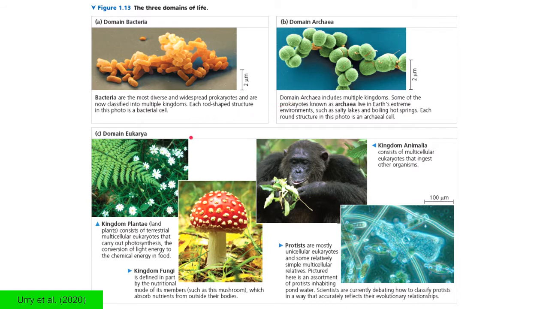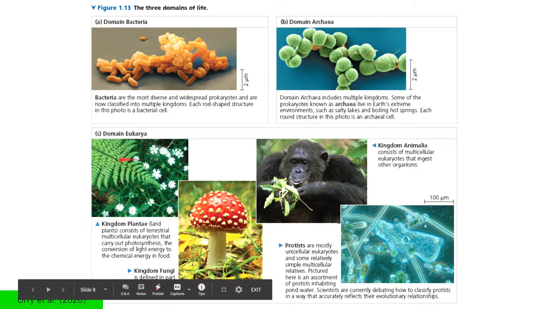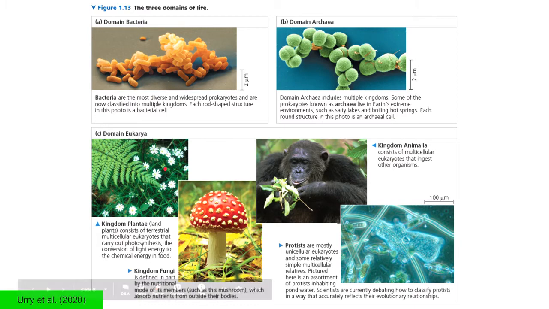The third domain would be domain Eukarya. So these are the eukaryotes. They have a distinct nucleus within their cells. That includes notable kingdoms such as kingdom Plantae, your multicellular photosynthetic eukaryotes. Kingdom Fungi, these are your saprophytic organisms, such as mushrooms.